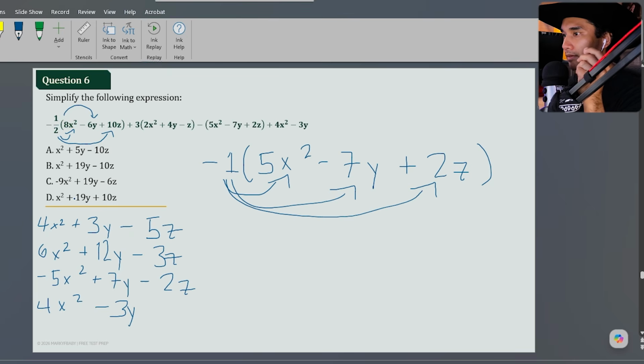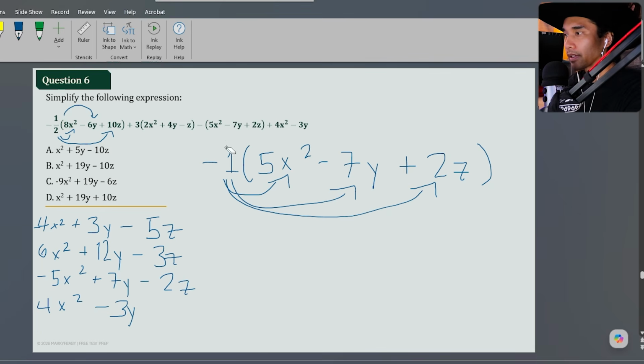Where's my mistake? I didn't bring the negative, okay? This is actually negative 4x squared plus 3y minus 5z, okay? 6x squared plus 12y minus 3z, negative 5x squared plus 7y minus 2z.